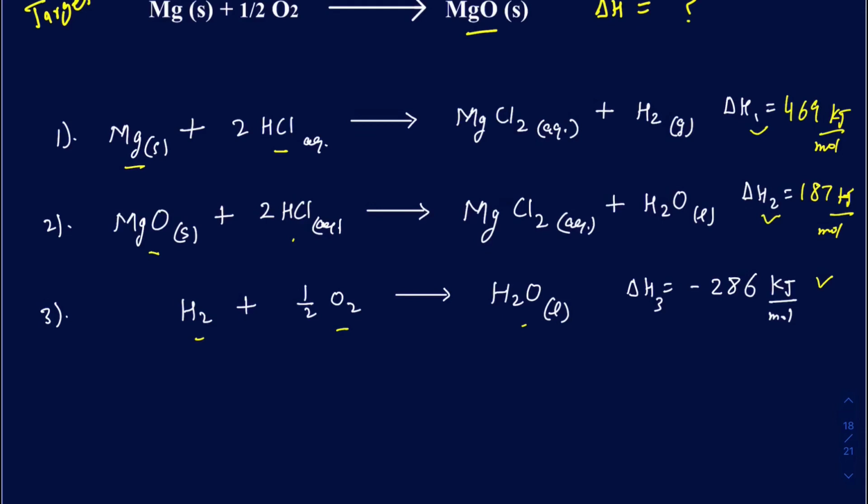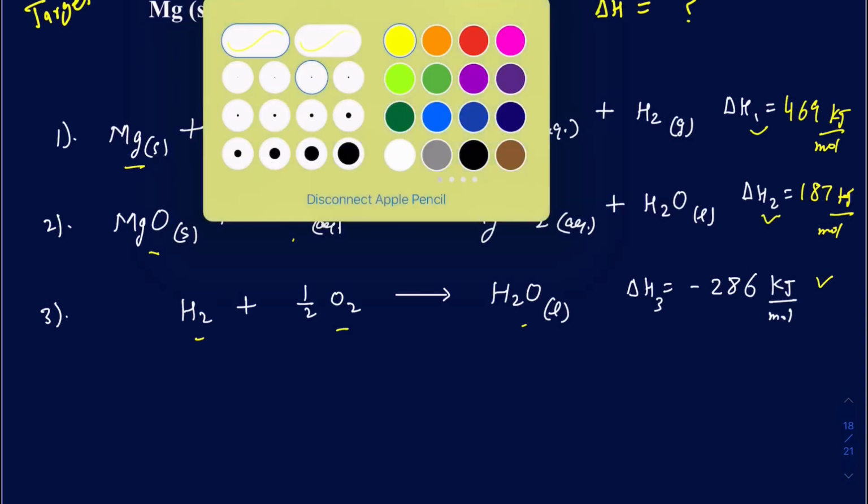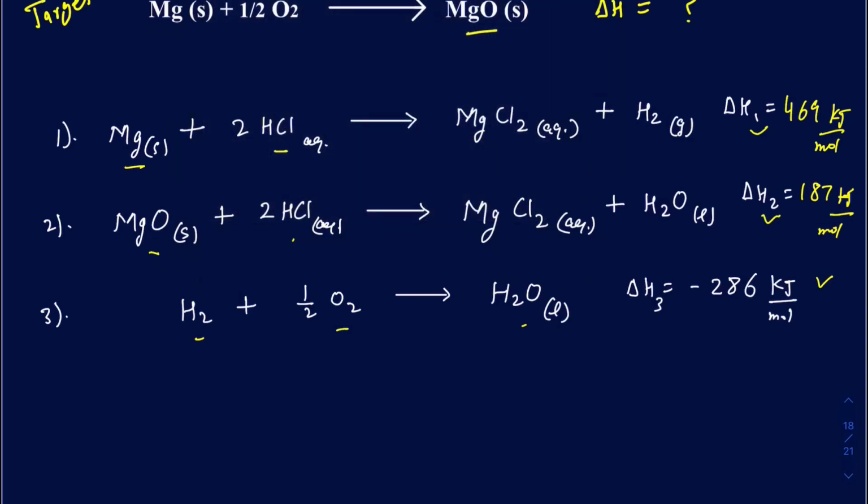Okay, so now my target reaction is magnesium plus oxygen making magnesium oxide, and everything else should cancel out. So based on my target reaction, I want to have magnesium solid on the reactant side. And in this case, magnesium solid in the first reaction you do have on the reactant side. And this is the only reaction where you're getting the magnesium solid. So the first reaction, you don't want to do anything to it. You don't want to reverse it.